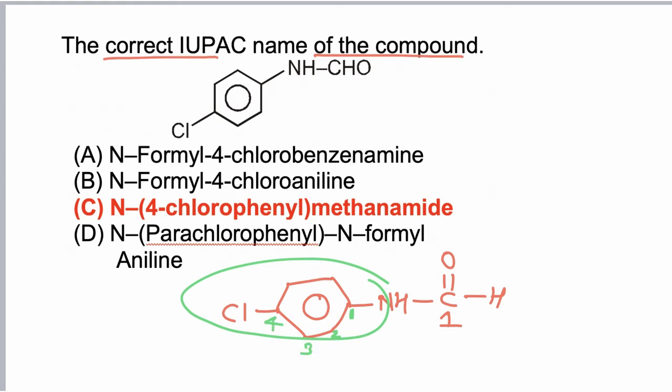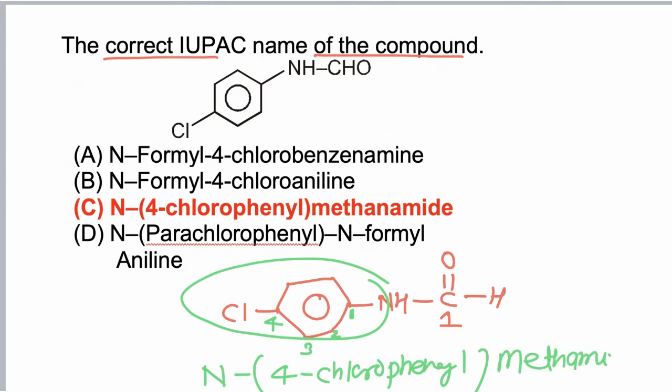So the name of this radical is 4-chlorophenyl. Now 4-chlorophenyl is attached from nitrogen, so N-4-chlorophenyl. Amide has one carbon, hence methanamide, and the correct answer is C, N-4-chlorophenyl methanamide.